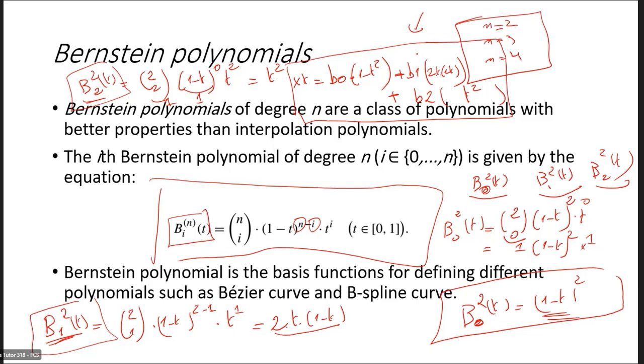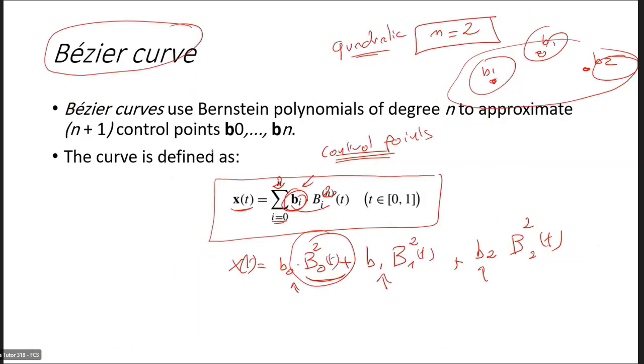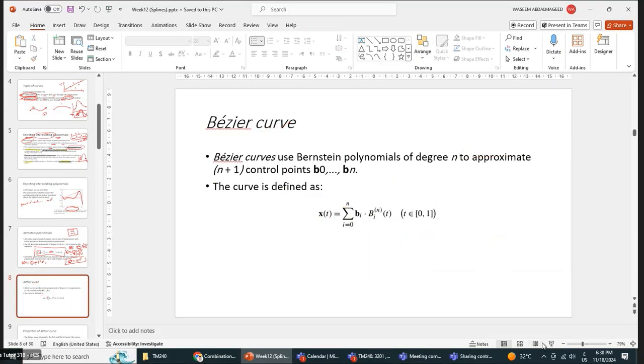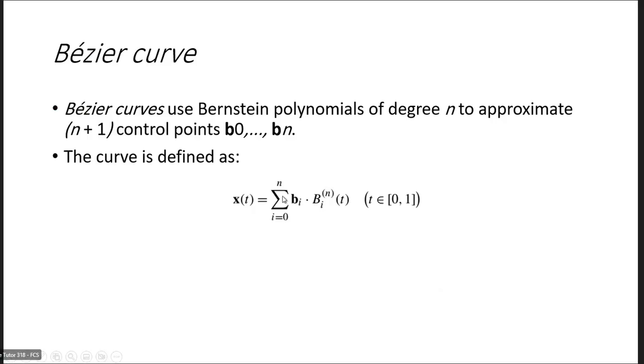If you need the cubic curve, it is the same thing. We return to the formula, and for the cubic curve we just make n equal to 3. So let's discard everything here. Now our n will be 3.